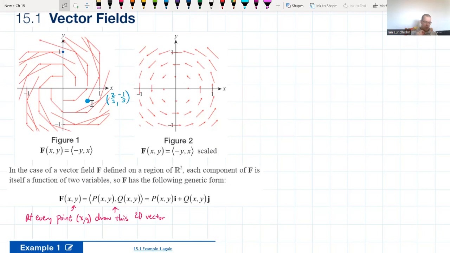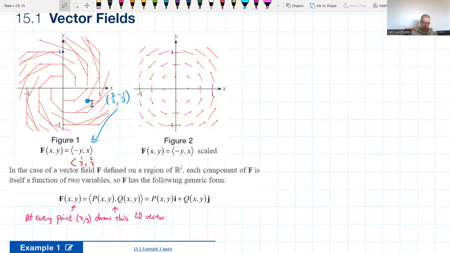And what we're doing at every point in the plane, we are plugging this X value and Y value into the vector field so that when we create our vector, for this particular vector field, we're going to put the opposite of the Y value in for the X value of the vector, and the X value comes second.